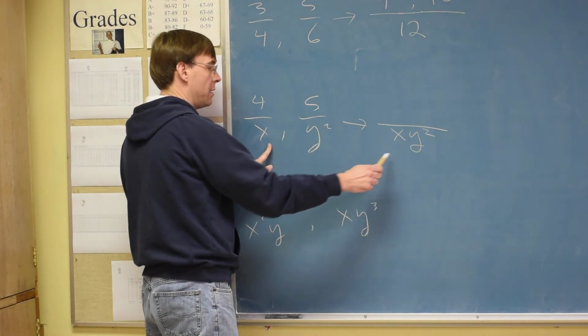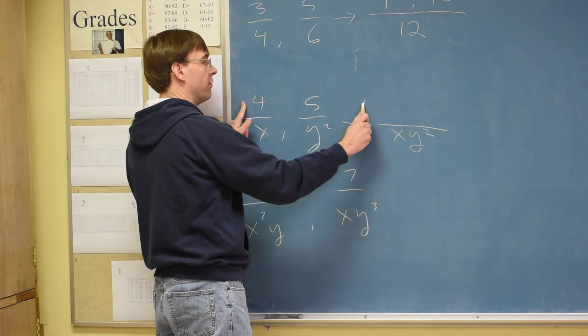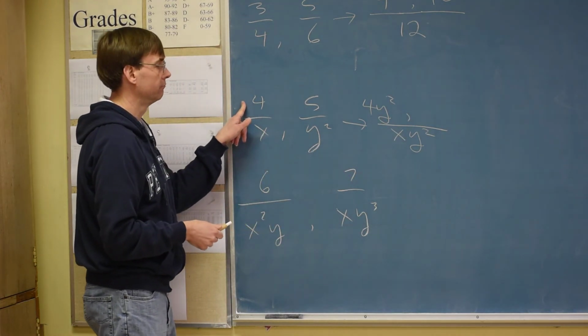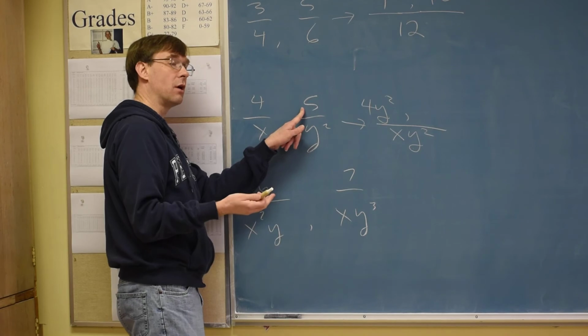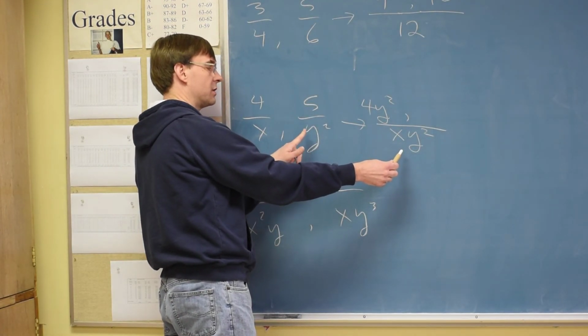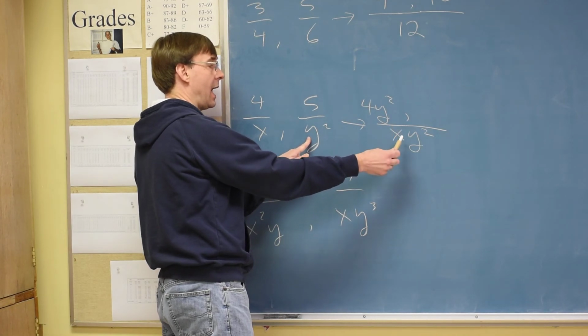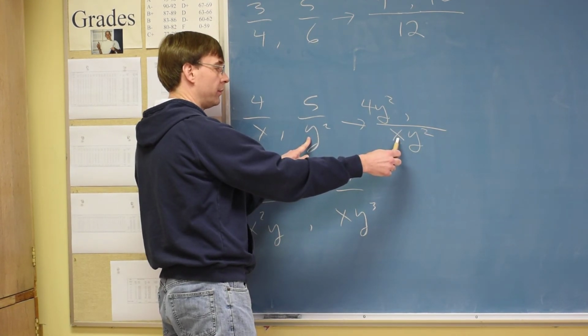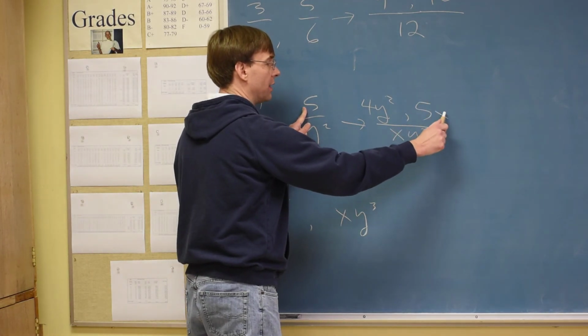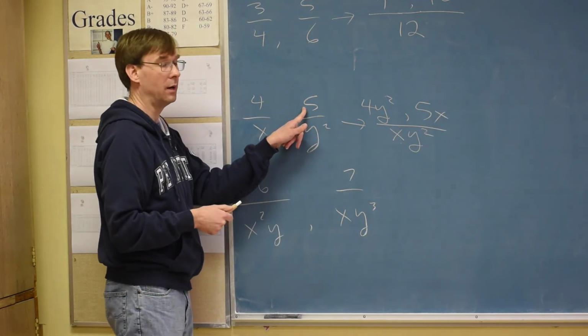Since a y squared is joining the bottom, the 4 has to have a y squared join the top. And then move over to the 5 and go through the same process. What was this missing before? This did not have the x. An x multiplied onto the bottom. So if an x jumps on the bottom, the x has to join the 5 up on top.